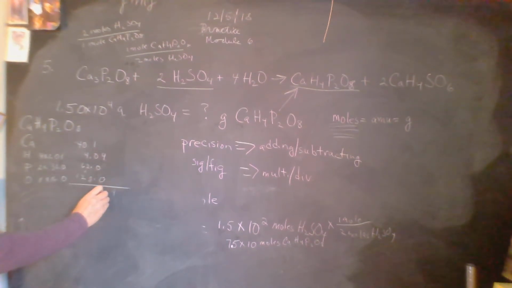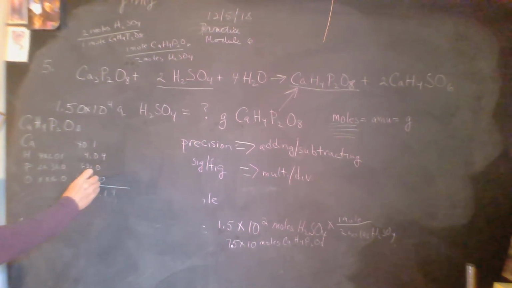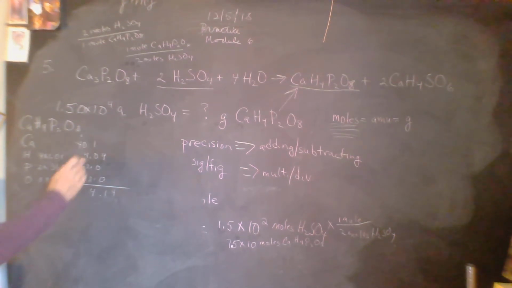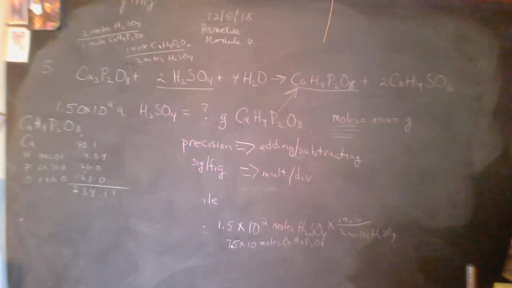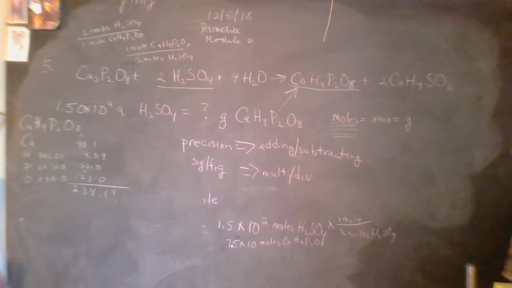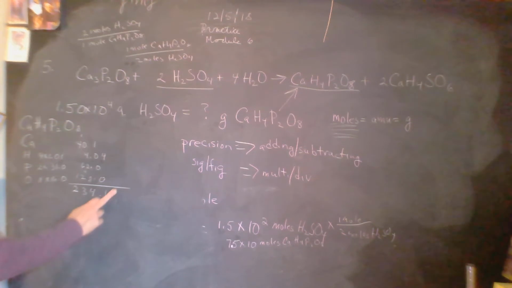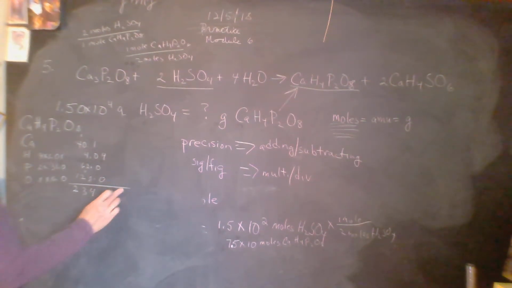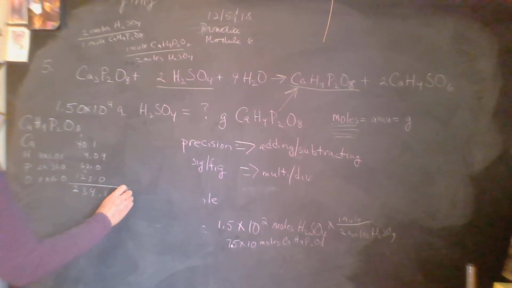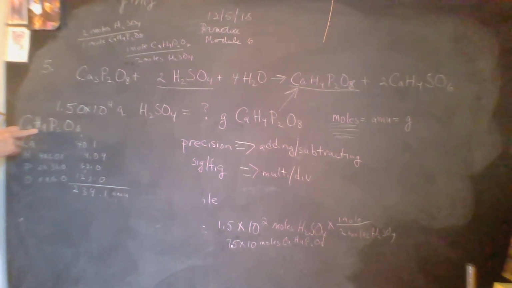Okay, so now we add these up. We get 234.14. Is that what you get? Yeah. Did you actually add them? Yeah. Or are you just hoping that I'm right? Nonsense. I never hope. So, you're right. We can't use the hundredths place because none of these are precise enough. 234.1 AMU is the molecular weight of this unit.